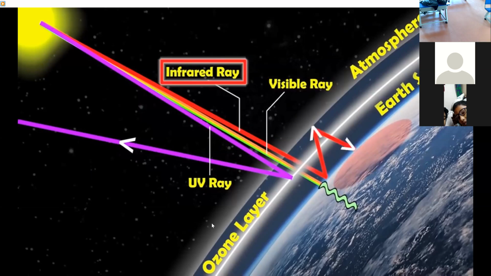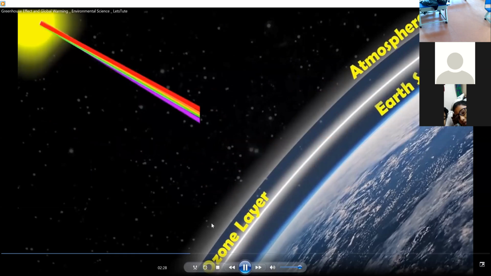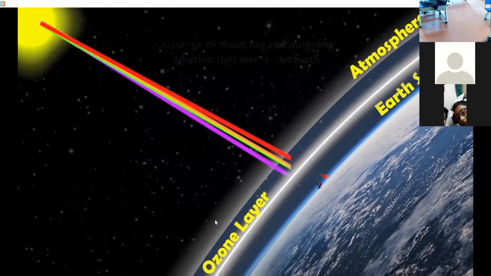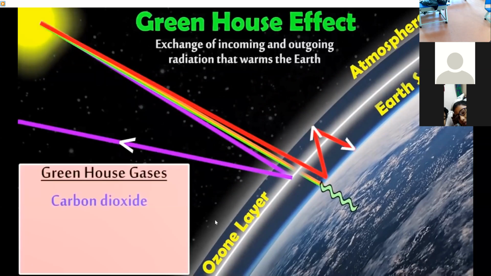This exchange of incoming and outgoing radiation that warms the Earth is referred to as the greenhouse effect. And the gases involved in this are called greenhouse gases, which mainly include carbon dioxide, methane, water vapor, chlorofluorocarbons, etc.